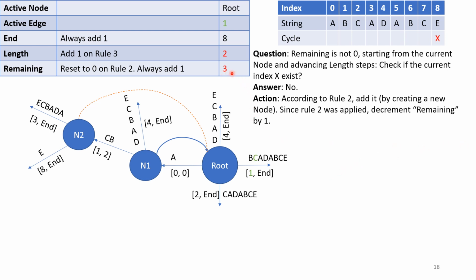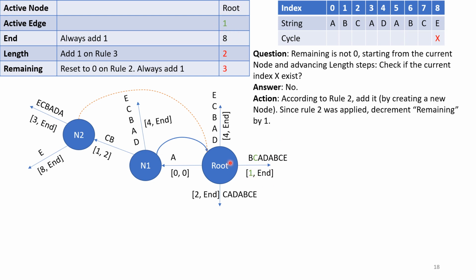So we have decremented remaining, and we're basically stuck because we can't go to the next cycle because remaining is not 0. Therefore, we need to ask the question once again. So from the current node, root, advancing length steps in the active edge direction. So active edge is 1.